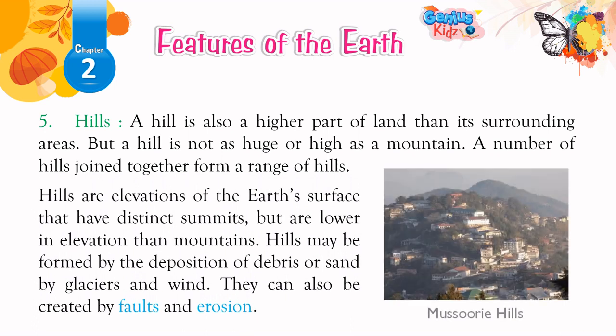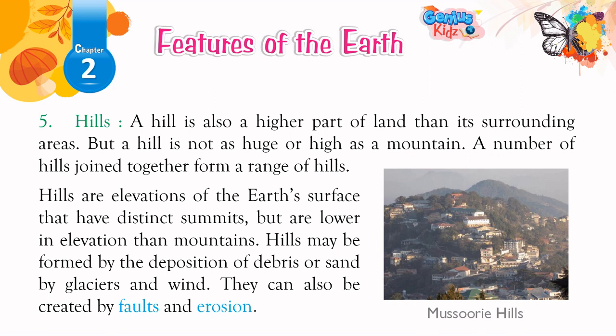5. Hills. A hill is also a higher part of land than its surrounding areas. But a hill is not as huge or high as a mountain. A number of hills joined together form a range of hills. Hills are elevations of the Earth's surface that have distinct summits, but are lower in elevation than mountains.